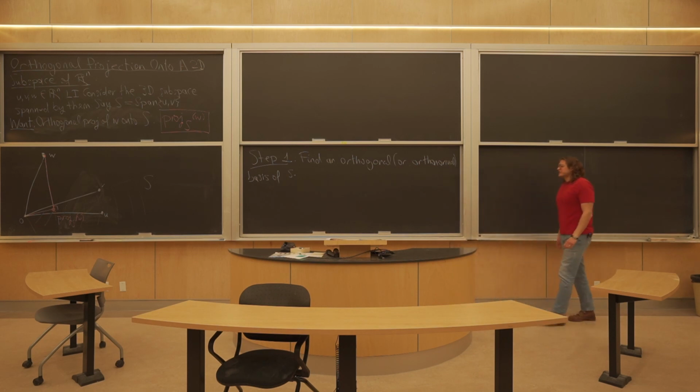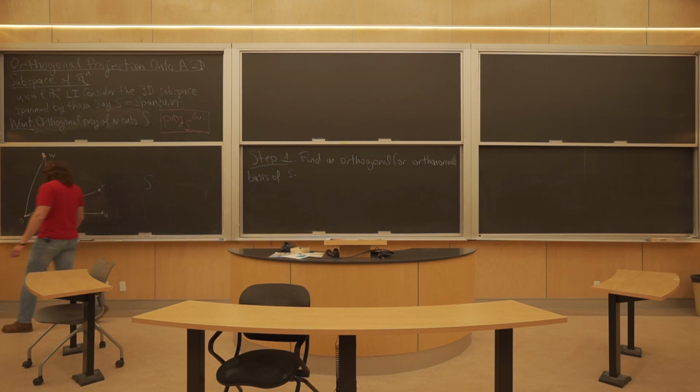Now, any ideas as to how I can do this? I know that u and v constitute for me a basis for S, but this angle I don't know anything about. How can I use u and v and come up with an orthogonal or orthonormal basis for S? Any ideas?